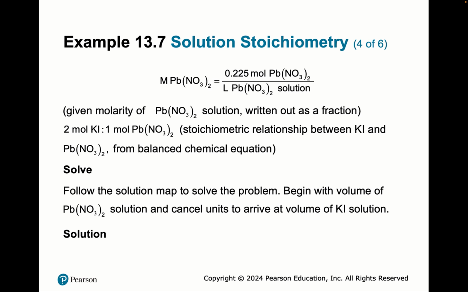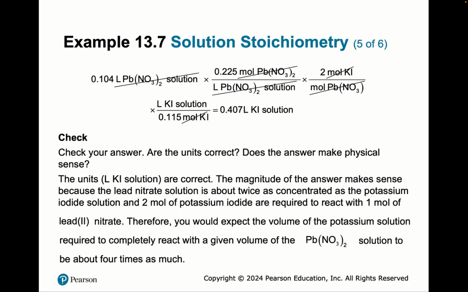With the molarity of this, you need twice as many moles of potassium iodide, and this is from the balanced equation. This is the middle step of the dimensional analysis. So again, start with the volume of the solution.